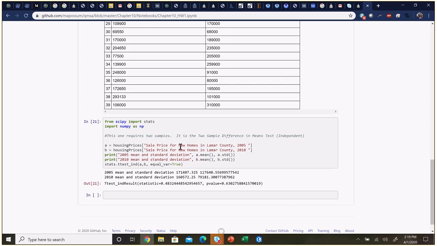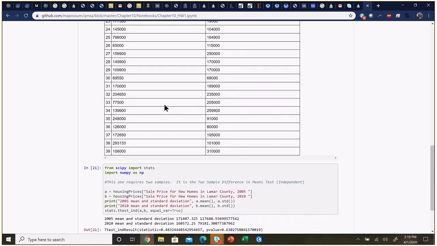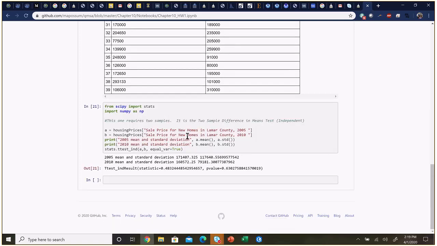But is that a significant difference, being that we only had 40 houses that we sampled? Okay, especially since they aren't the same houses. You know, any sample of 40 houses could be different than another sample of 40 houses. So does it tell us if the overall mean is different?